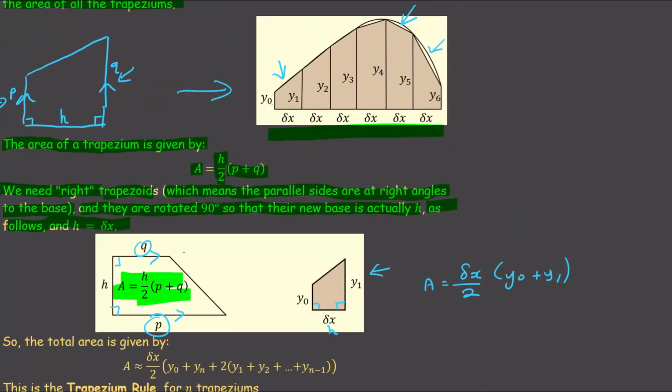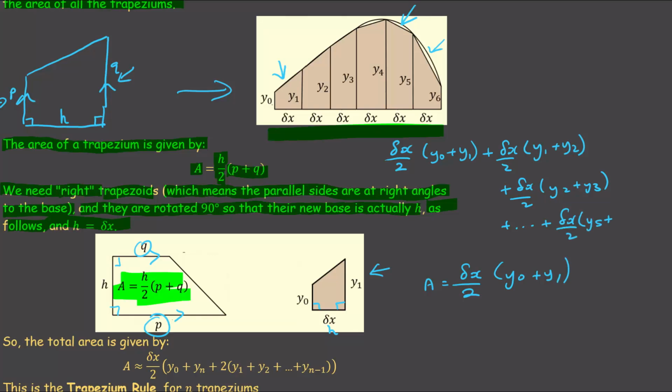So the areas would be delta x over 2, and then the first one would be y0 plus y1, and then for the second one we'd have delta x over 2, y1 plus y2, and then the next one would be delta x over 2, y2 plus y3, and we'd carry on, and the last one of those would be delta x over 2, y5 plus y6.